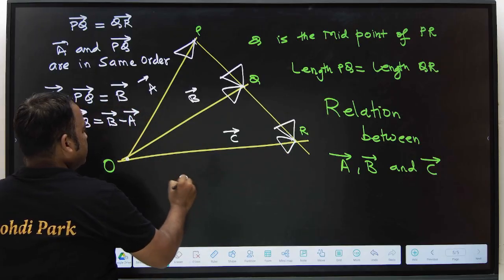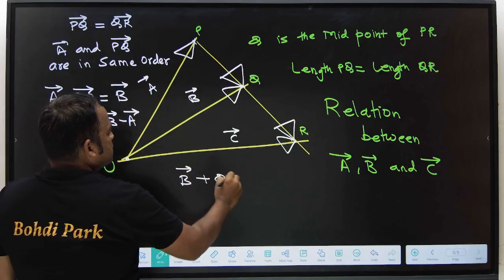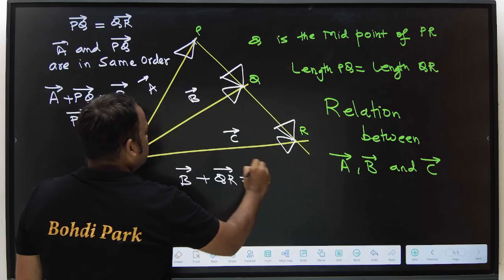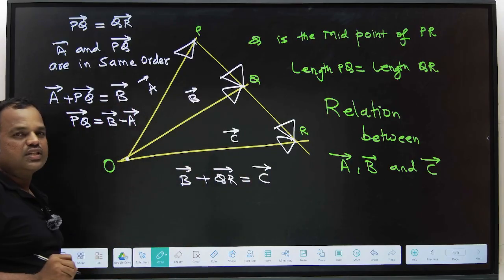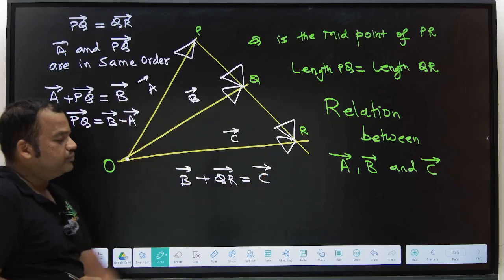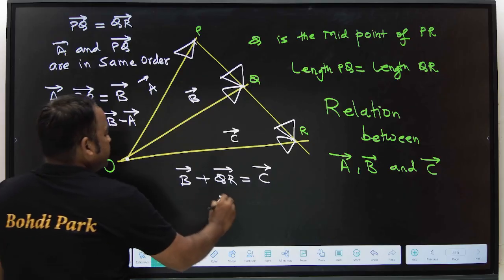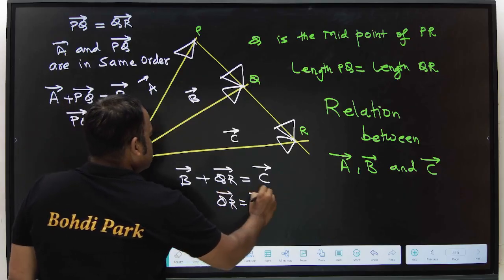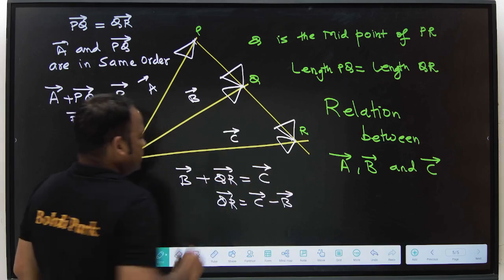So we will write B vector plus QR vector is equal to C vector. The same order vectors are added and the opposite order vector is the resultant. So QR vector is equal to C vector minus B vector.